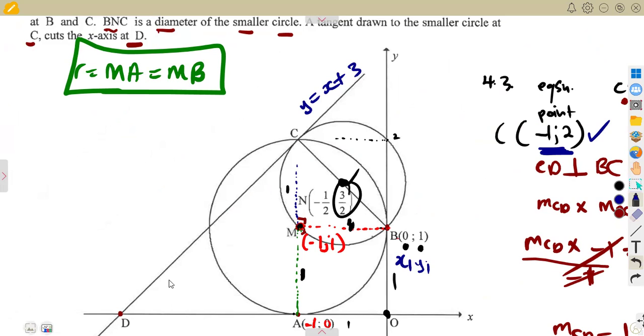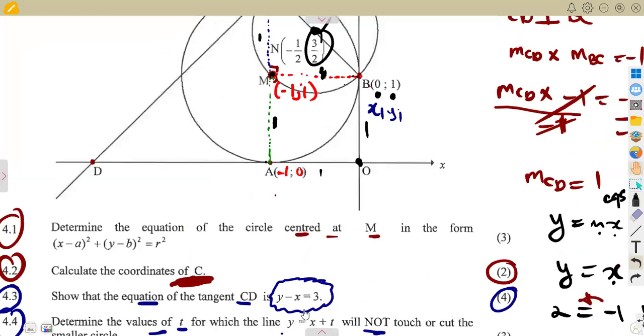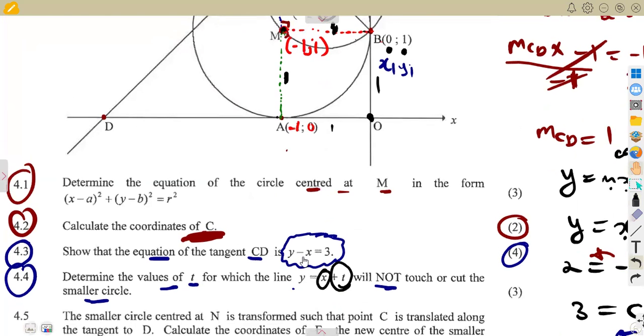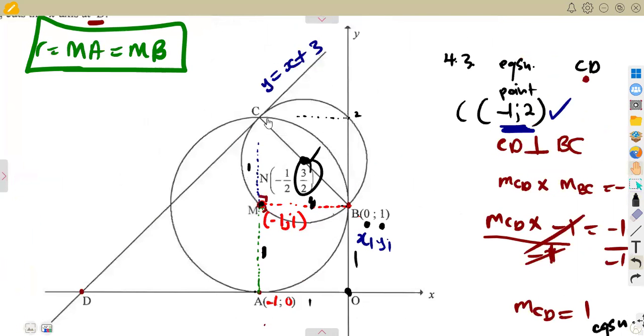So the question is that if we are to maintain the same gradient, the steepness, because that is what they are saying: y is equal to x plus t. The x is still x as it is. The only thing that changes is t. So they are asking for which values of t it will not touch the circle.